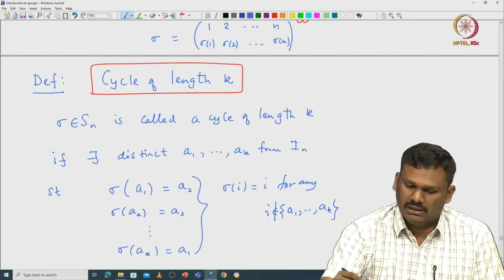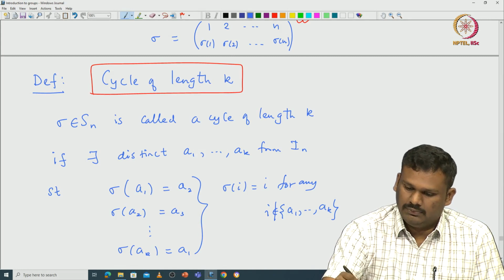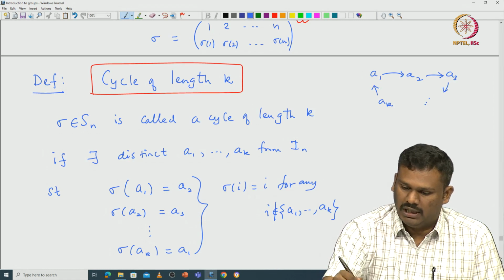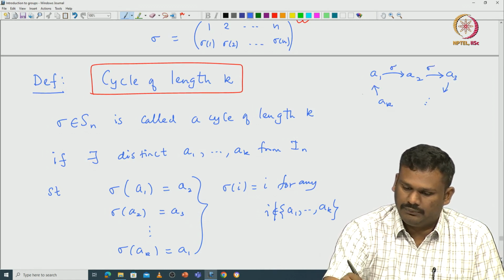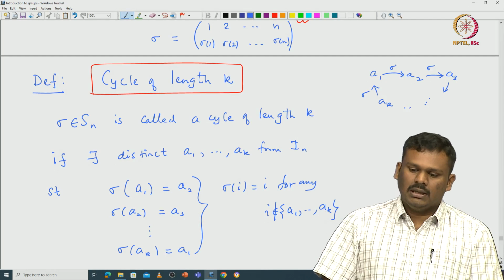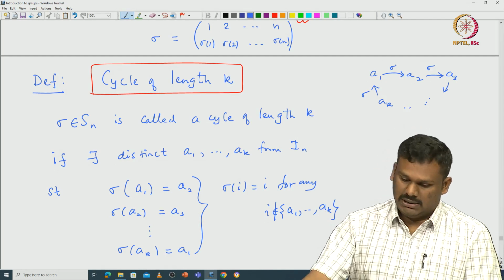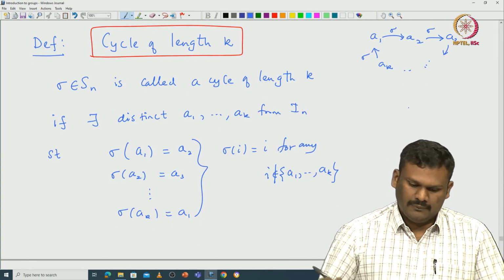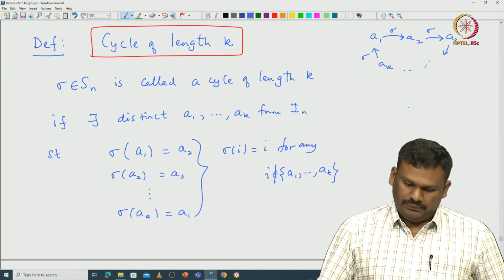Using this pictorial definition you can see that sigma maps a1 to a2 and then a2 to a3 and so on. Finally it reaches ak, and then ak is mapped to a1 under sigma. And it fixes all other elements i which are not from a1 through ak.